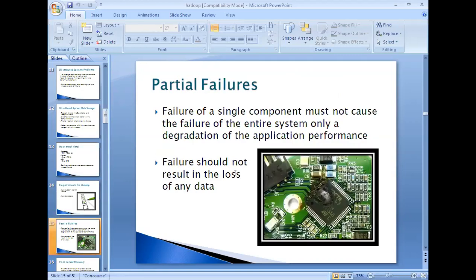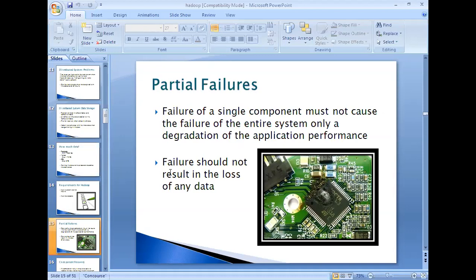Partial failure means the failure of a single component must not cause the failure of the entire system. Even though there is a failure, you can start doing the operations with some other system, and within the same time required to process before the failure, you process in the same way after the failure has occurred.